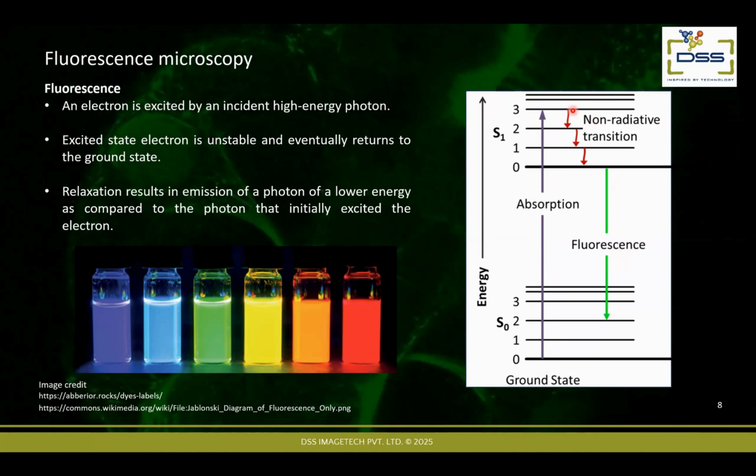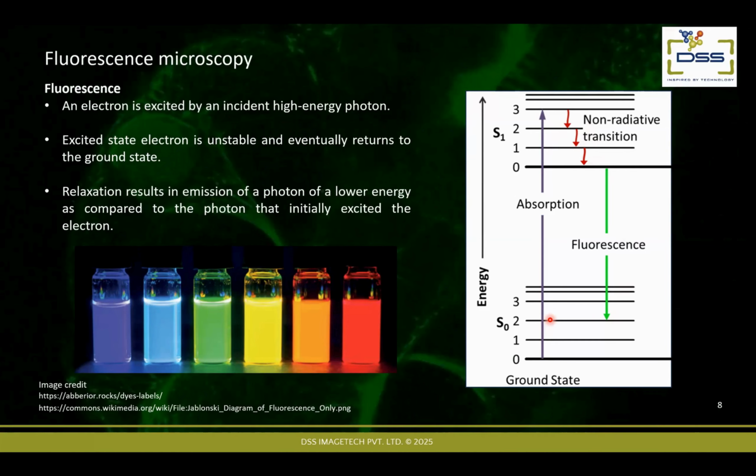But since the electron undergoes this non-radiative transition and comes down some steps, it loses some energy non-radiatively, and therefore when it comes back down to the ground state, the energy that it releases is less than what it absorbed. So excitation of an electron happens at a higher energy, and then the emission happens at a lower energy. A lower energy photon is emitted when the electron comes down to the ground state.